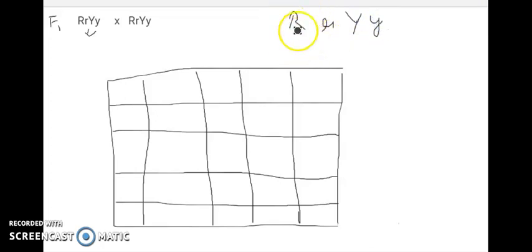So this capital R has a 50% chance to combine with this capital Y, right? So I am writing the first gamete as capital R and capital Y, and then this R again has the other 50% chance to combine with the small y. So I am writing capital R and small y. Okay, now this capital R's possible combinations are written here.